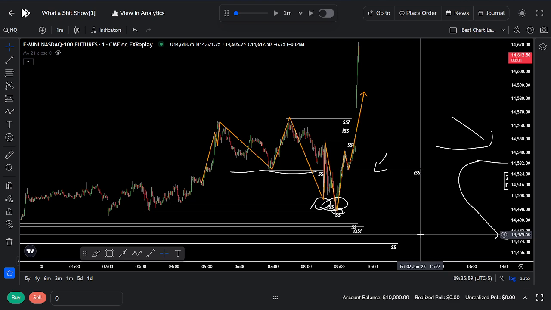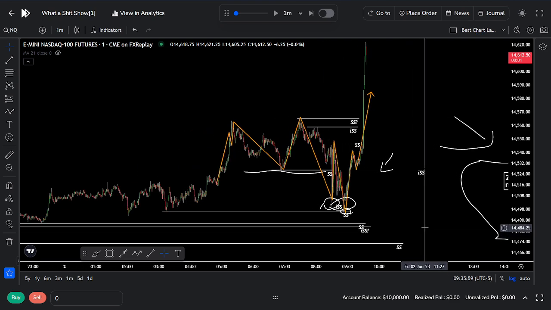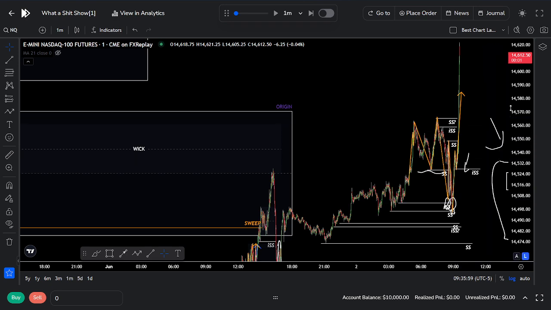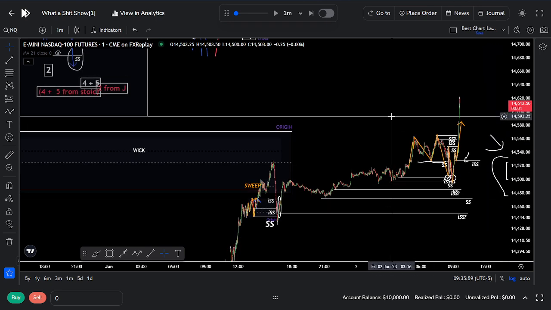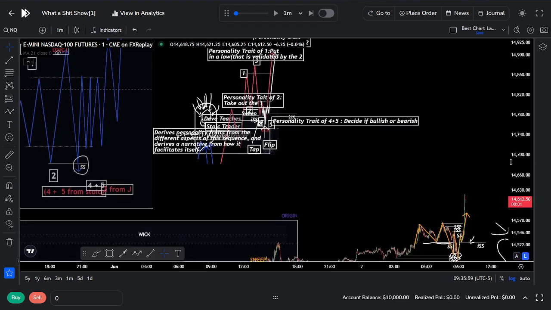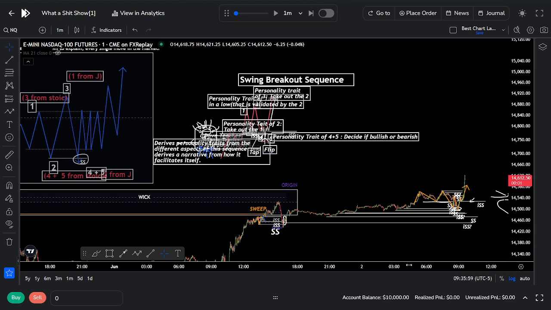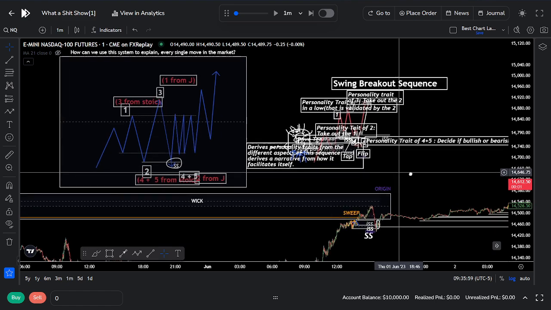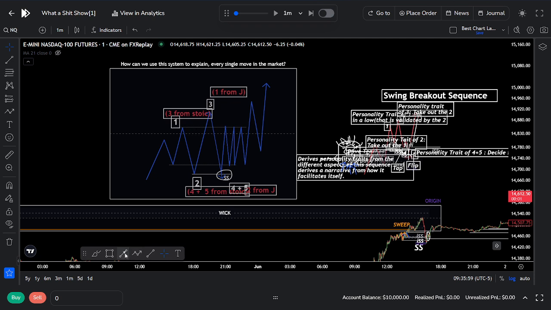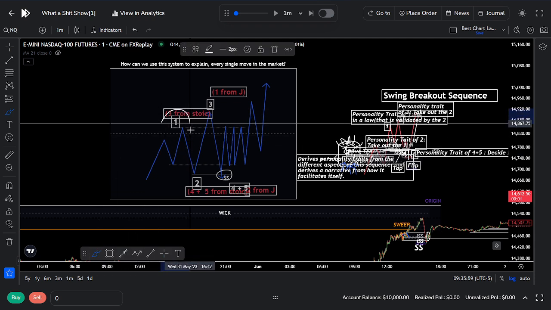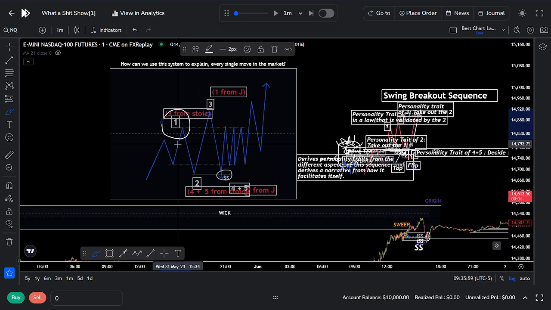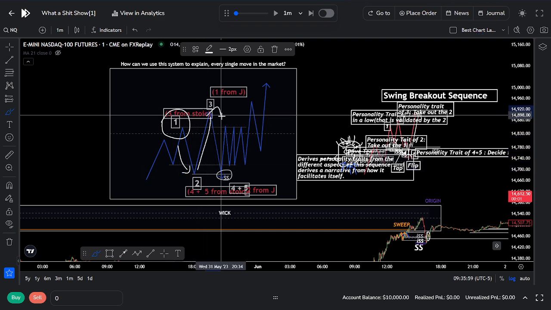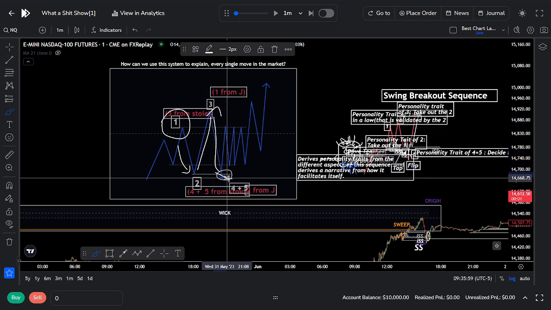And now I hope your brain is starting to turn on to the potential of this. Because all this really is, though, is just a different way of viewing price, but in a much simpler way, albeit complicated in the fact that it takes a little bit of learning of all of these systems in order to fully grasp this one. But if you just start with the number 1, then you'll gain access to all the other numbers from the 2 to the 3, then to the 4 and the 5.